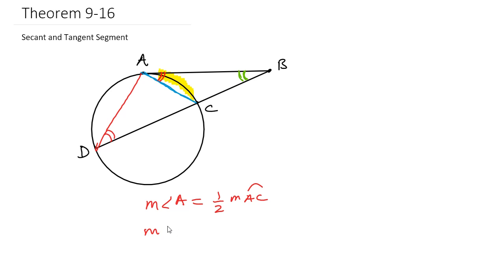So the measure of angle D, by definition, is half the measure of its intercepted arc, which happens to also be AC. So 1/2 the measure of AC. So we have 2 pairs of angles that are congruent, and by angle-angle similarity, we can say that those 2 triangles are similar.